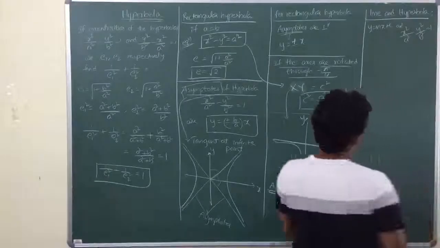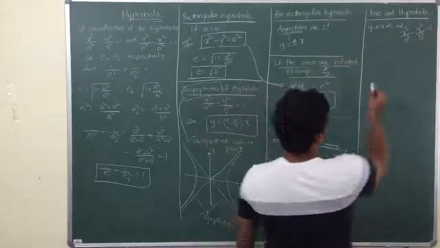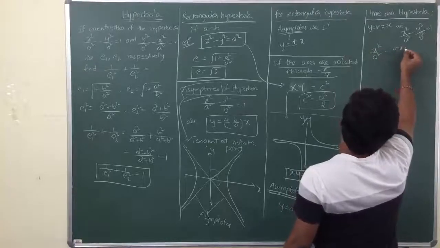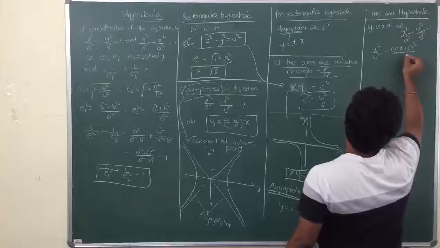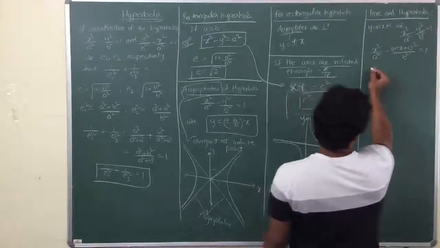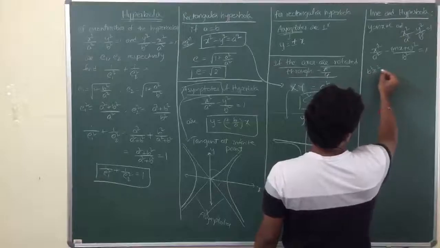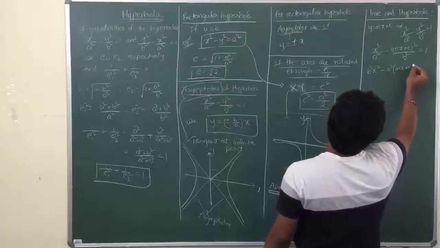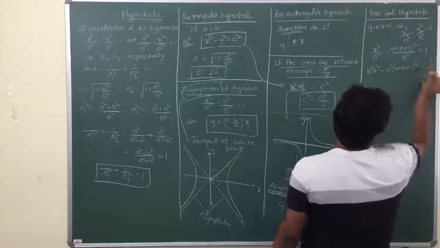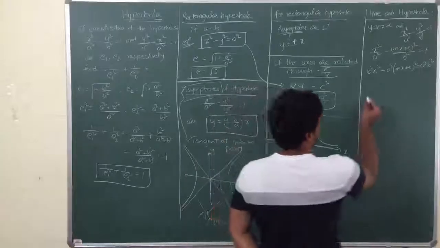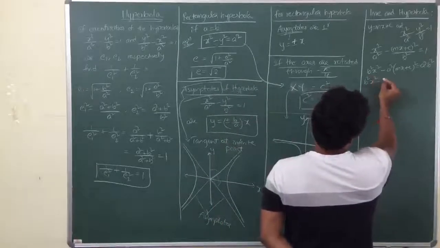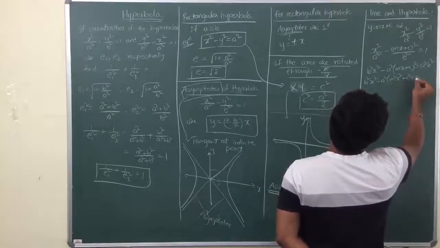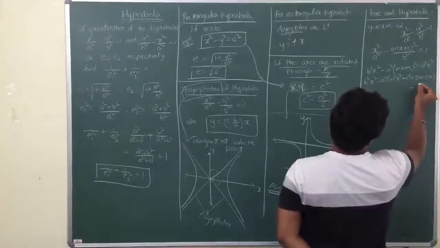Now put the equation: x square by a square minus (mx plus c) whole square by b square is equal to 1. So b square x square minus a square into (mx plus c) whole square is equal to a square b square. Cross multiplication: b square x square minus a square of (m square x square plus c square plus 2mcx) is equal to a square b square.